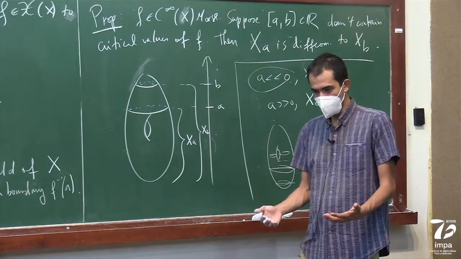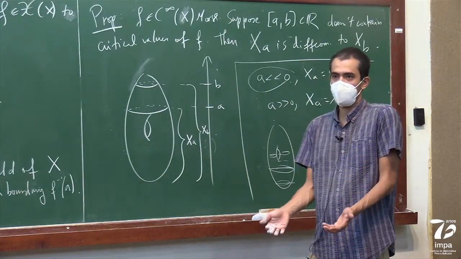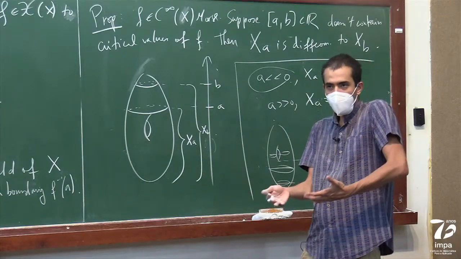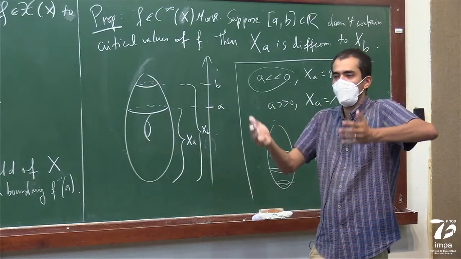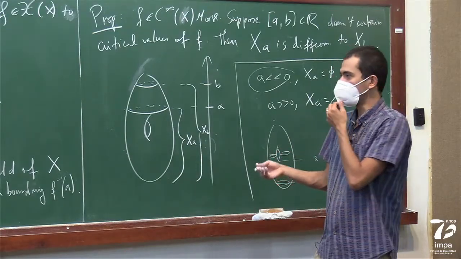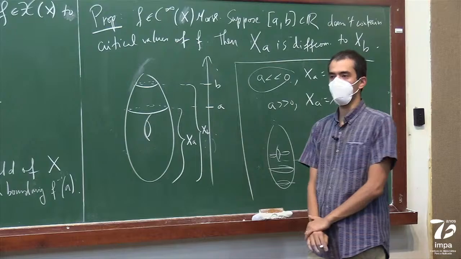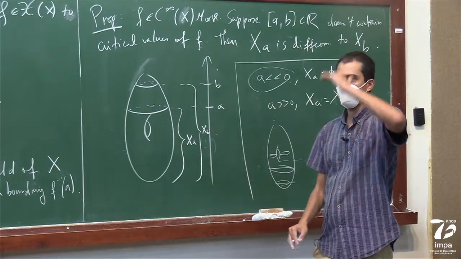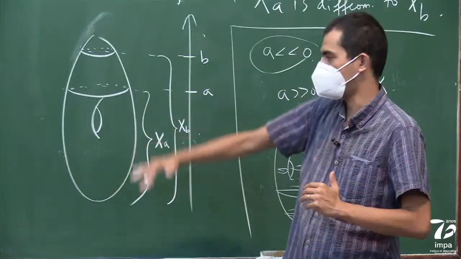And then as soon as you're after the critical value, nothing happens for a long time. And then when you have the next critical value, something happens, and so on. So there's actually just a finite number of changes to the topology. Most of the time, we have a diffeomorphism as you go along the R, and you look at everything that's underneath.